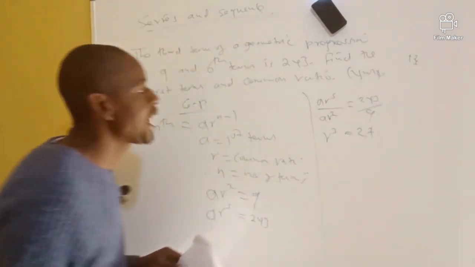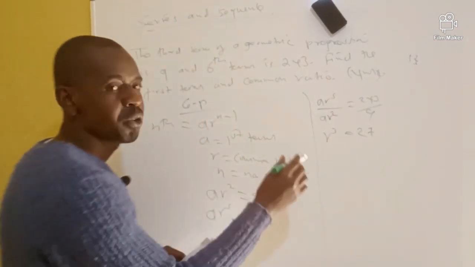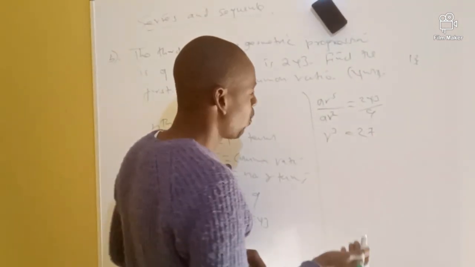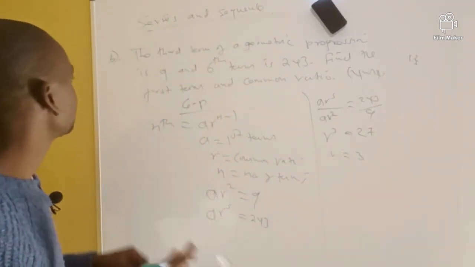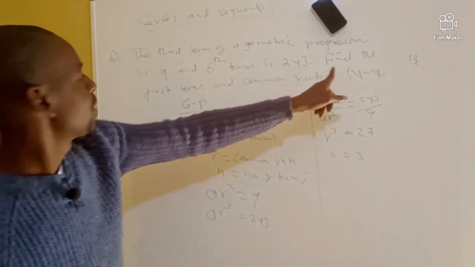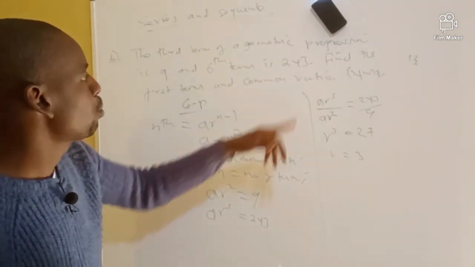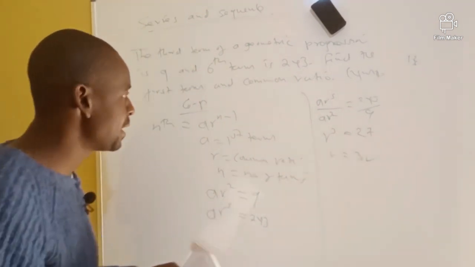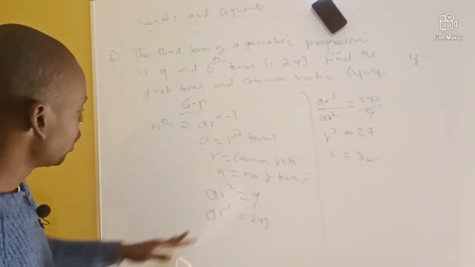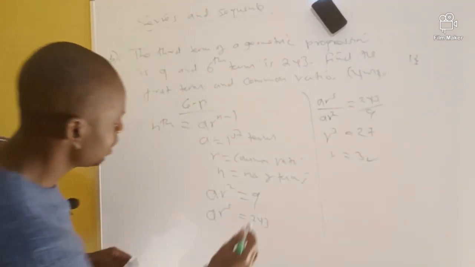So we have R cubed is equal to 27. So how can you get R? You get the cube root of both sides. So R is equal to 3. That is the common ratio. But we are asked to find the first term and the common ratio. So we have already gotten the common ratio. So whatever is remaining is the first term, which is A. So pick any equation.